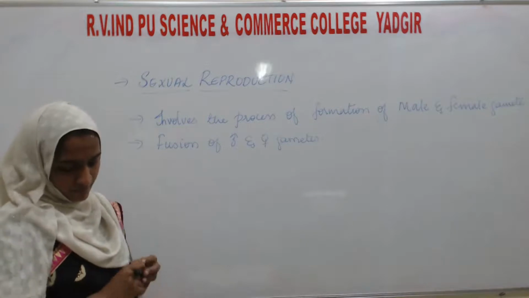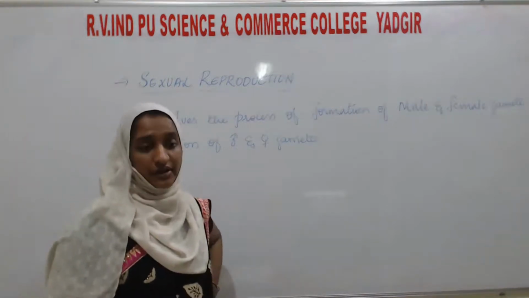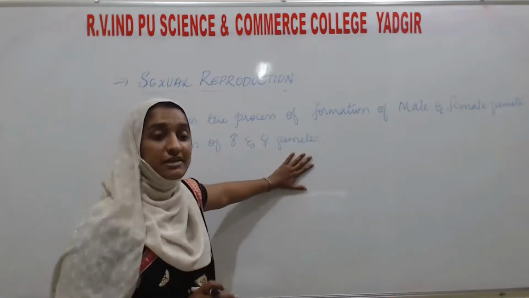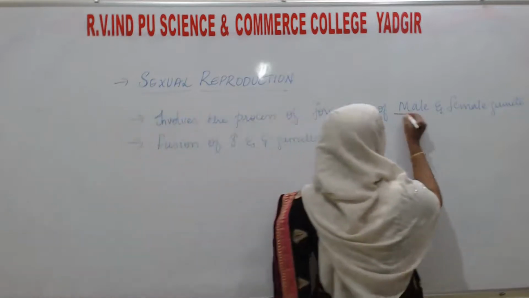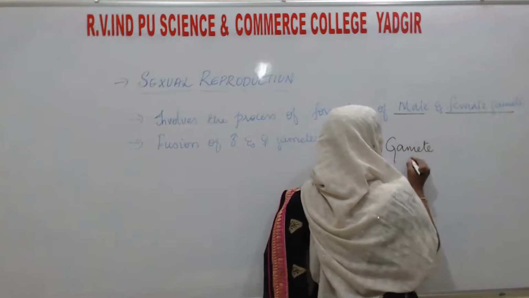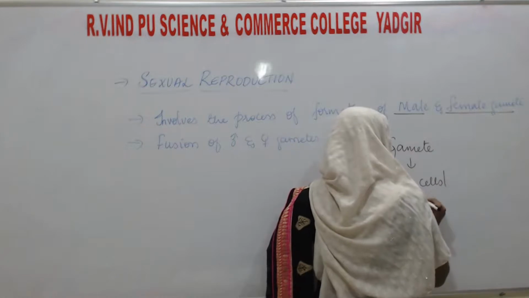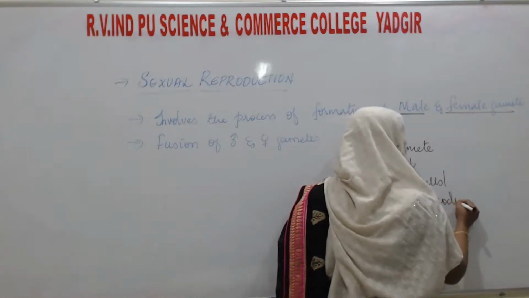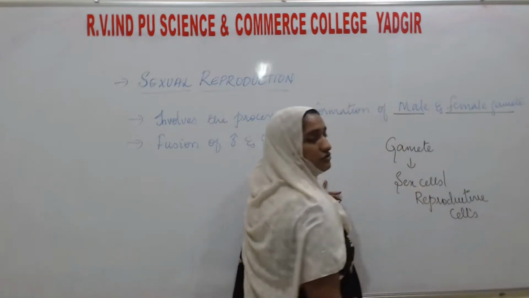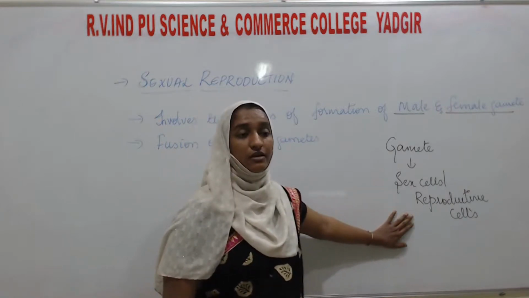So here, if we talk about sexuality in organisms, sexual reproduction produces gametes, male gamete and female gamete. The term gamete is also known as sex cells or reproductive cells.